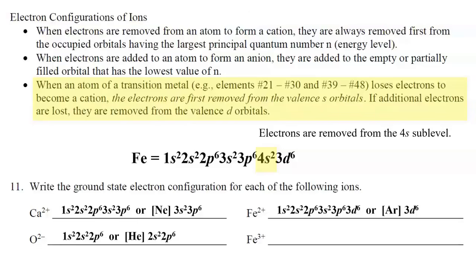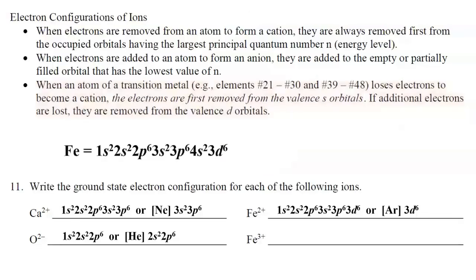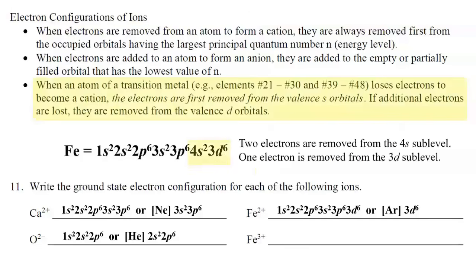As it says, if additional electrons are lost, then they are removed from the valence d orbitals. So my next electron is going to come from that 3d sublevel. And so I've already removed 2 electrons from the 4s level, and I removed 1 electron from the 3d sublevel.